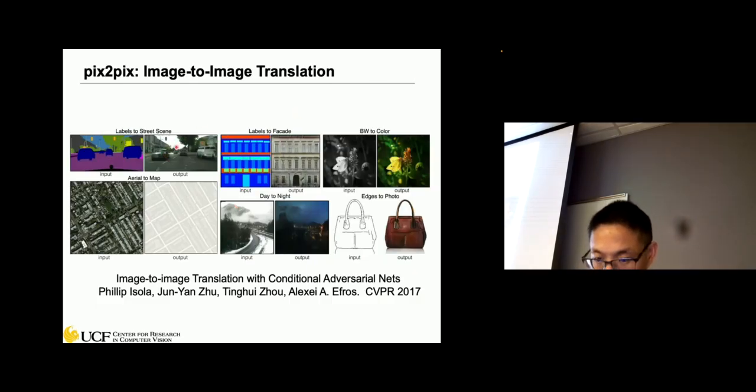So the images are not just random street view images, but follow specific conditions. The condition here can be a semantic segmentation mask, so the generated image fits this segmentation mask, or the image can fit this type of sketch.